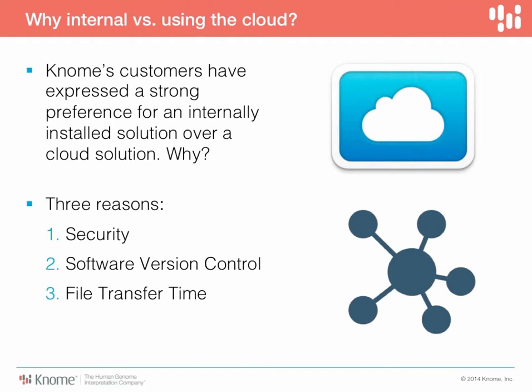That combination of large files, and many of them, with an internet connection that perhaps isn't robust enough, makes it very difficult for them to rationalize how they could live in a cloud-based deployment at this point in time. So those are the three reasons that we often hear from our customers and why we are so, not quite singularly, but largely focused on an internally installed solution.